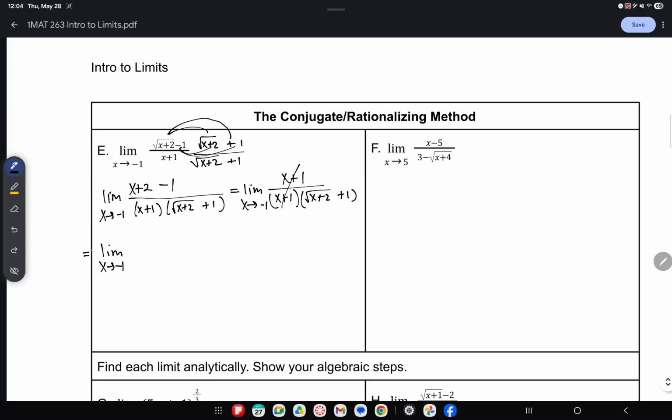There should be an equal sign because I'm following my path here, of 1 over the square root of x plus 2 plus 1. Then I can do that direct substitution. So square root of 1 plus 1 to give 2. So final answer of 1/2.